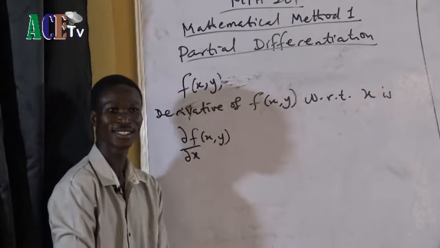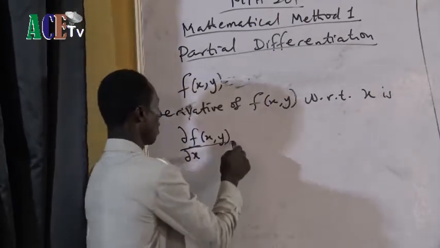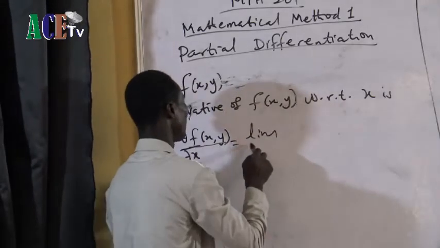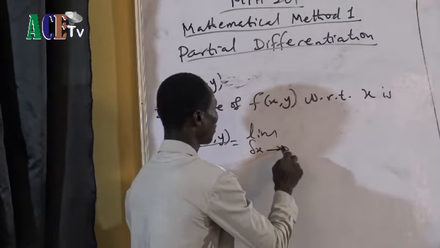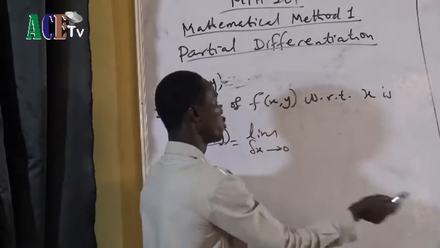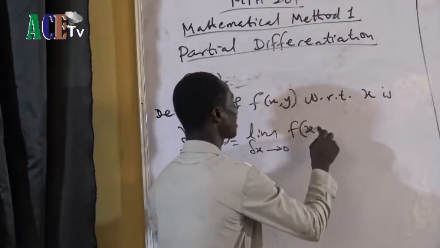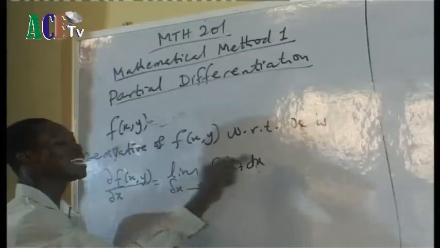del x. I want to differentiate this function with respect to x, which is the limit as delta x tends to 0. The limit as delta x tends to 0 will now give me f of x plus delta x.